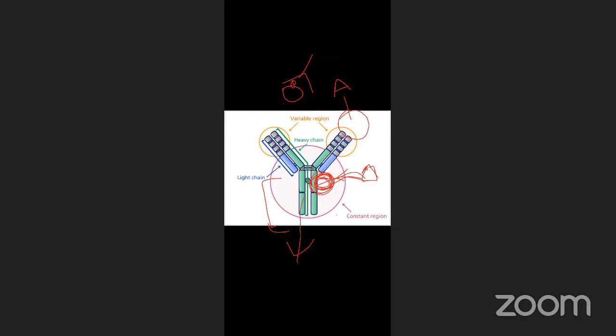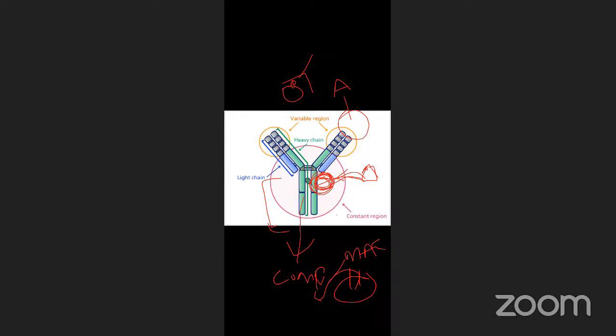One is complement activation, by which the membrane attack complex will be formed. After that, pores will be formed on the surface of the foreign body or infected cell. After pore formation, the contents of the cytoplasm will leak out. After this, cell death will be the consequence.